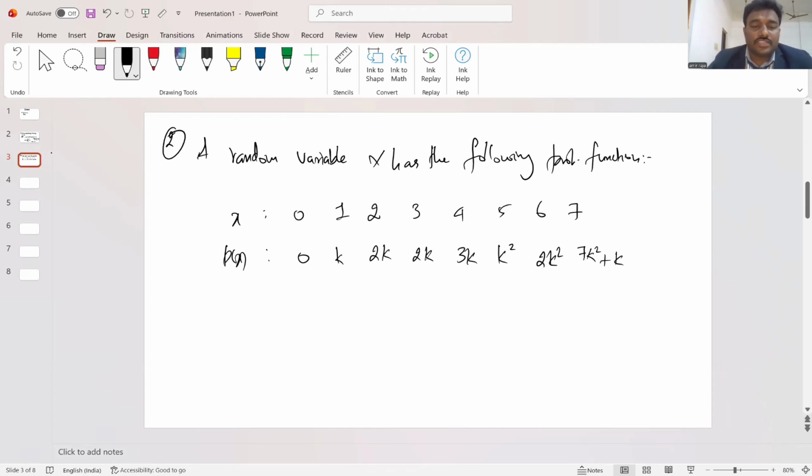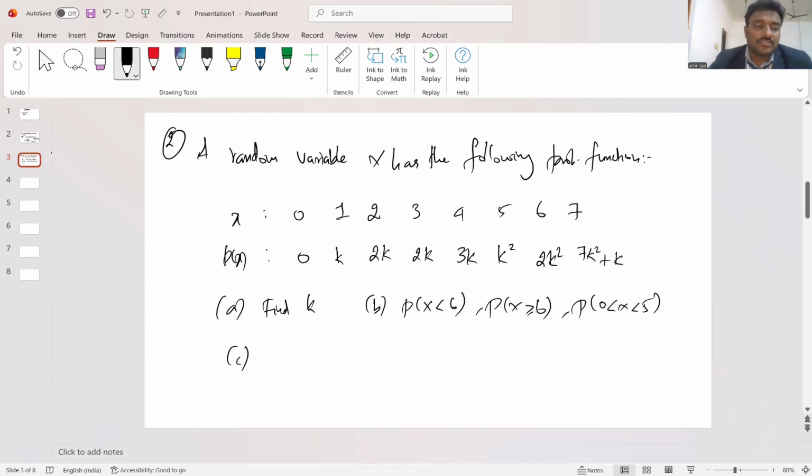And we are asked to find the K value, and P of X less than 6, and P of X greater than or equal to 6, and P of 0 less than X less than 5.